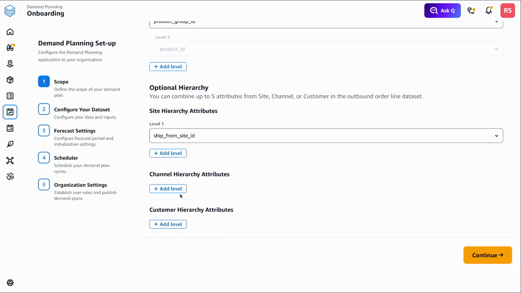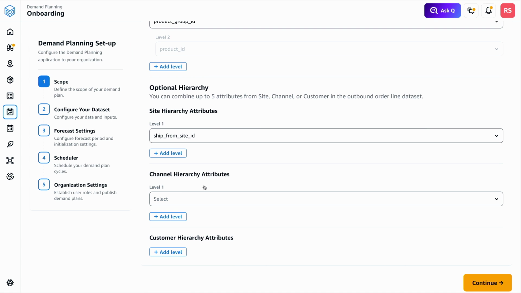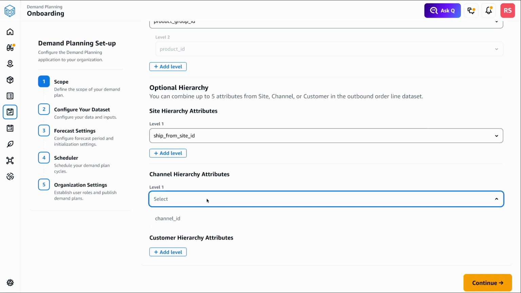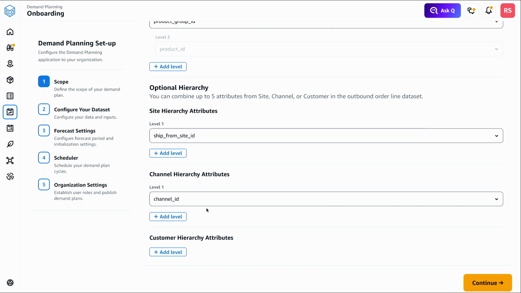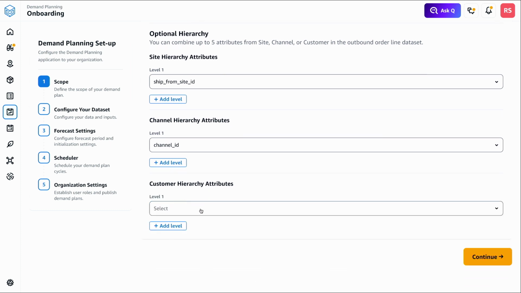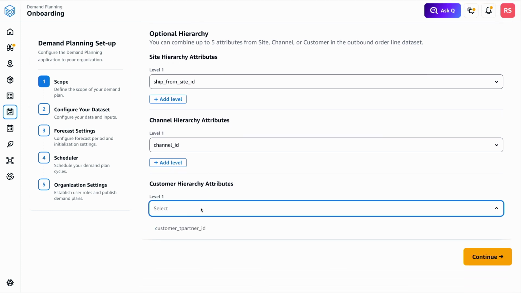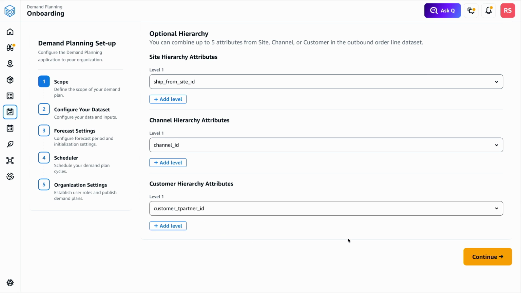Similarly, if you are looking at outbound order fulfillment, you would want to define the channel that you are trying to sell through. Is it through e-commerce or through brick and mortar and so on? The channel hierarchy attribute drop-down allows you to define your planning from an alternate dimension. And finally, if you also want to add the nuance of a customer dimension, you could bring that information into our demand planning tool as well.